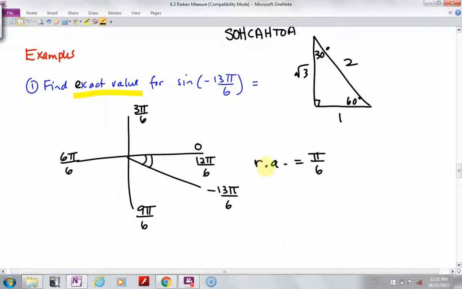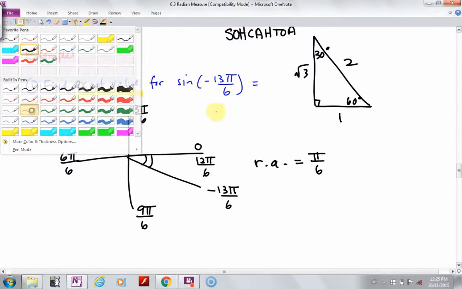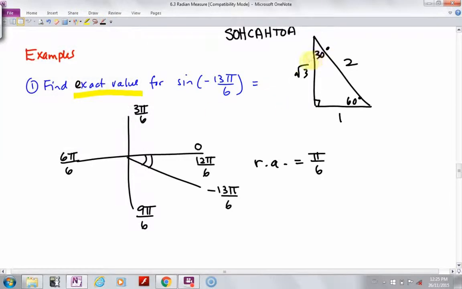However, what is 30 degrees in terms of radians? You have it on the front of your sheet. 30 degrees is pi by 6. And 60 degrees is pi by 3.